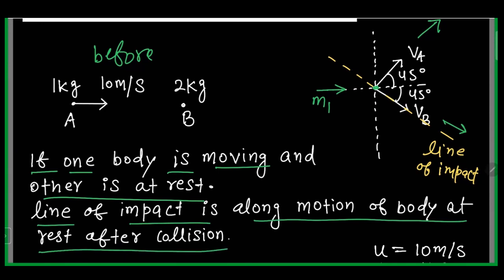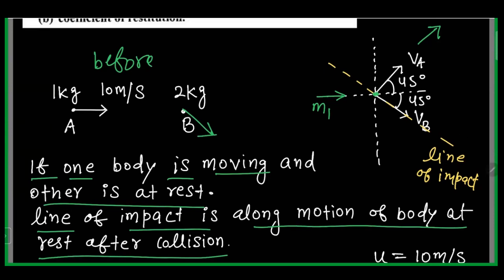So after the collision, in whatever direction the body at rest, which is B, goes, that direction will be the line of impact.